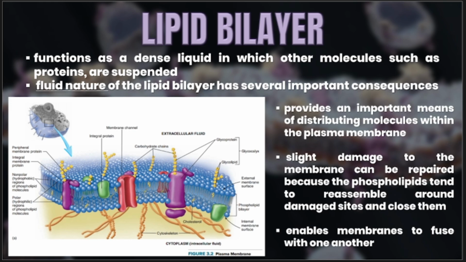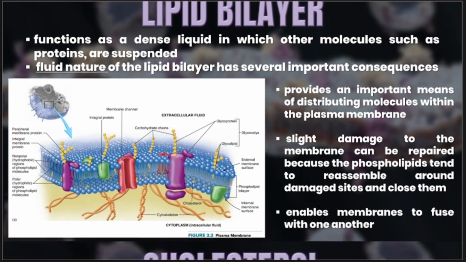Therefore, the hydrophobic tails will face inward and create the non-aqueous environment that will act as a barrier. While the hydrophilic heads will face outward because your hydrophilic heads are water-loving. So they would interact with the aqueous environment inside and outside the cell.